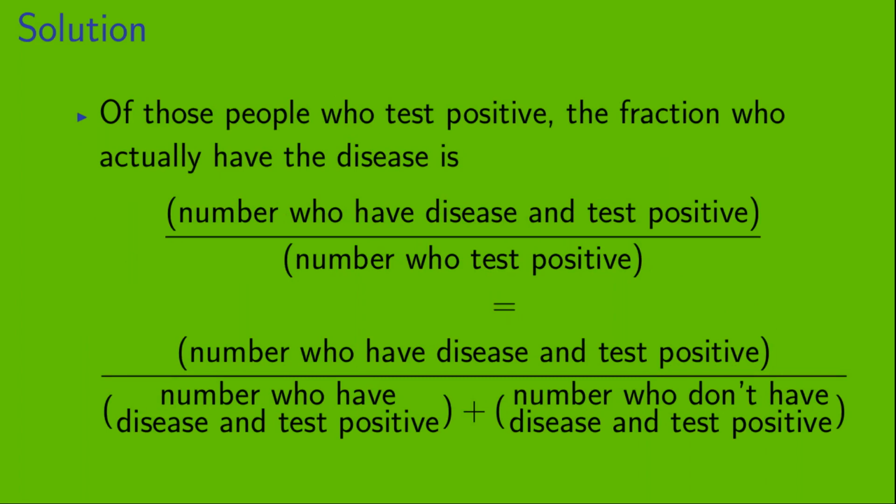So of those people who test positive, the fraction who actually have the disease is given by the number who have the disease and test positive divided by the number who test positive. And that equals the number who have the disease and test positive divided by the number who have the disease and test positive plus the number who don't have the disease and test positive.